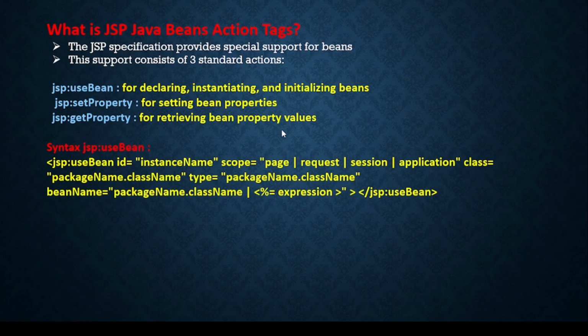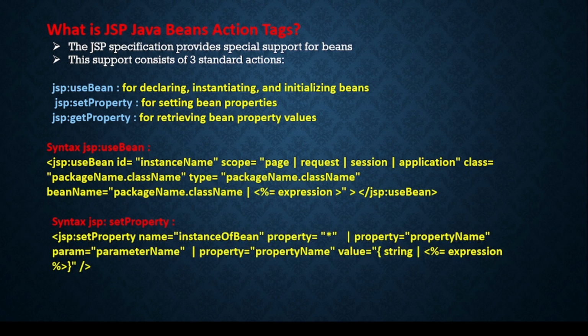Request means the request scope. And the class name we have to provide: type, package dot class name, and all these things. When I write the code, it will be more clear. Then the setProperty: jsp:setProperty, with the name, that is the instance or reference name, and the property, with star for all properties, and the param.